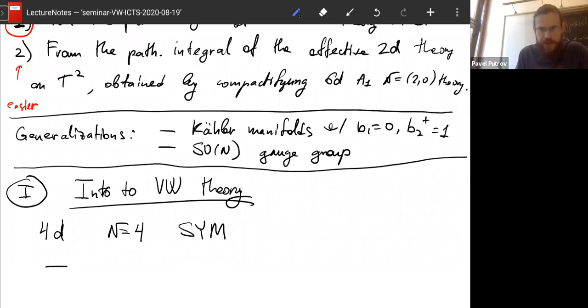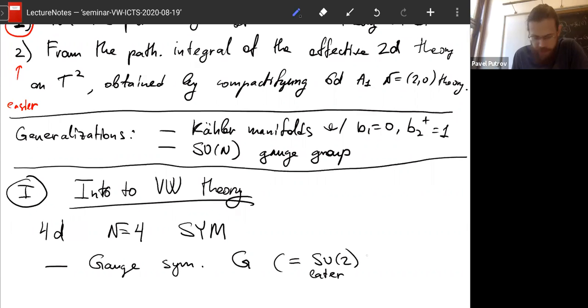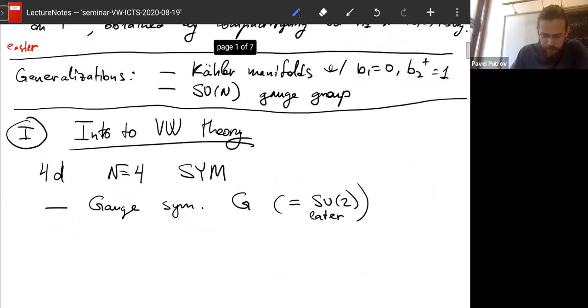This theory is completely specified by a choice of gauge symmetry, which is denoted by G. So the gauge group is denoted by G, and later we assume that this is just SU(2). But some statements may be easily made first for general G.